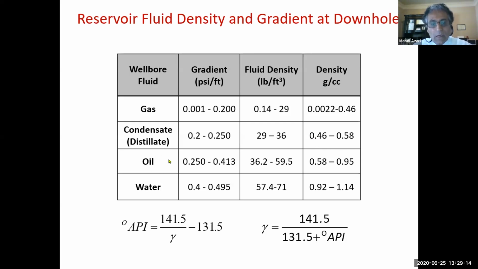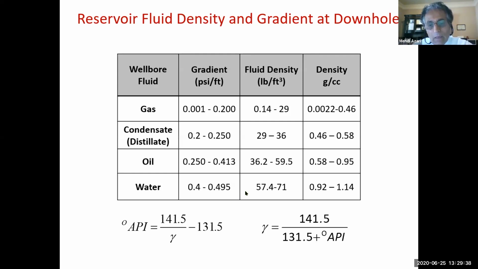Typical oil has a gradient of 0.25 to 0.41, and the density would be 36 to 59.5 pounds per cubic foot. And the water is going to have a gradient of 0.4 to 0.490. The fresh water at surface has basically a gradient of 0.433 psi per foot.